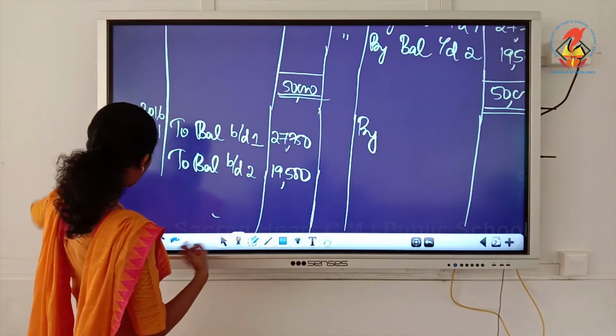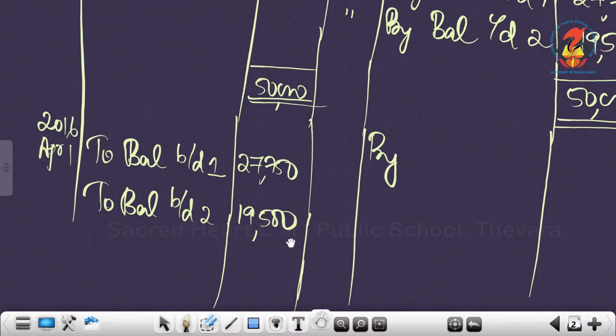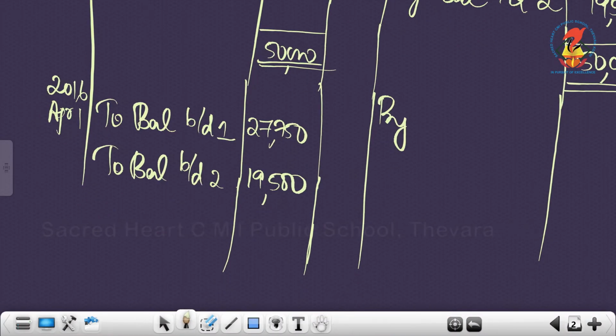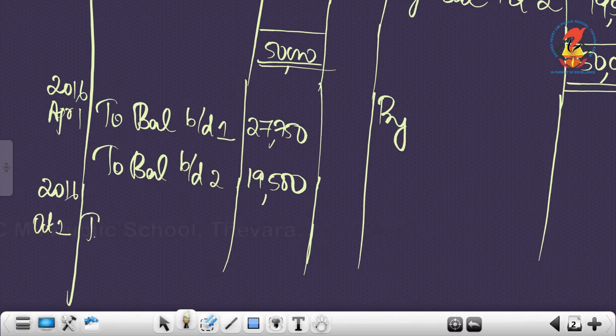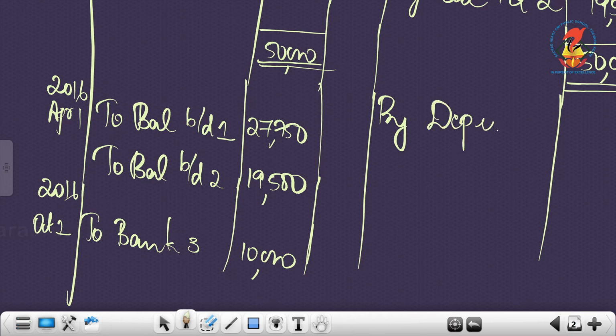So all these you have to see in the beginning itself, otherwise you will miss out these items. So we will write 2016 October 1st, we have to write to bank, this is the third machinery, so we will write 3. The amount is 10,000.